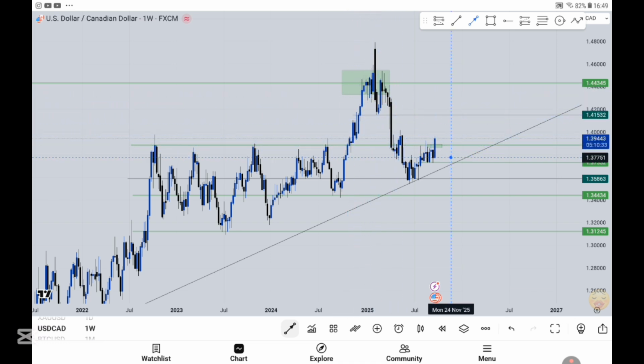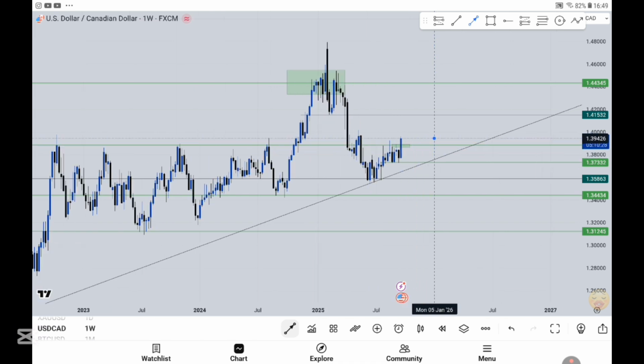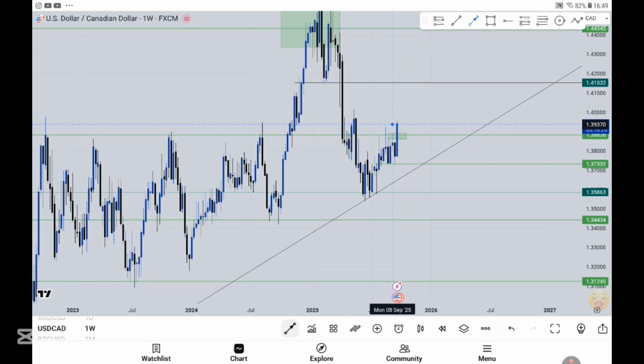So if this market has broken above here, which we are currently seeing, what you should wait for, don't just jump in. Remember, this is the weekly. Wait for a retest on this level on the 4 hours or 1 hour, or the time frame you use for your entry criteria. And when you see your entry criteria, you get in immediately and buy upward. This should be your target here.